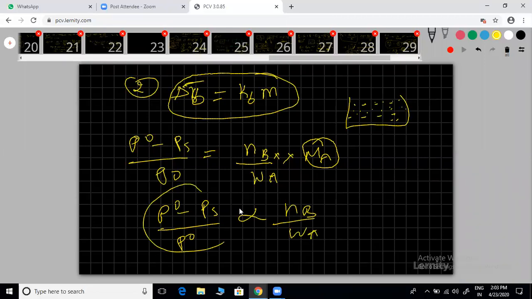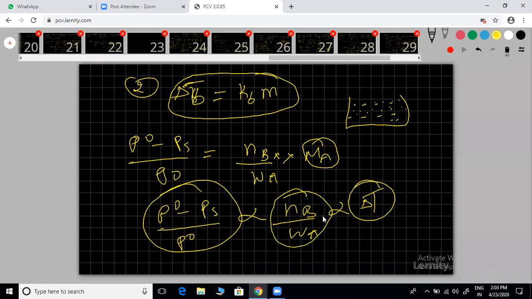This is the relative lowering of vapor pressure. The vapor pressure of the liquid is also directly proportional to temperature, so this difference delta P is nothing but delta T. So delta T is directly proportional to Nb by WA. We keep the constant here, that is KB.